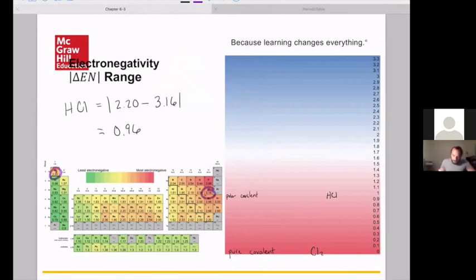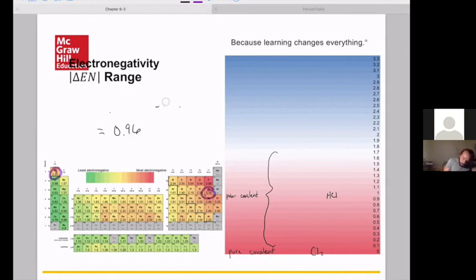Polar covalent bond. Actually, anything in this region above 0, we consider to be polar covalent. And then we can talk about the degree of how polar that bond is by calculating the difference in electronegativity.